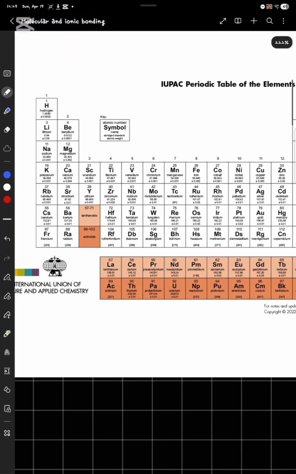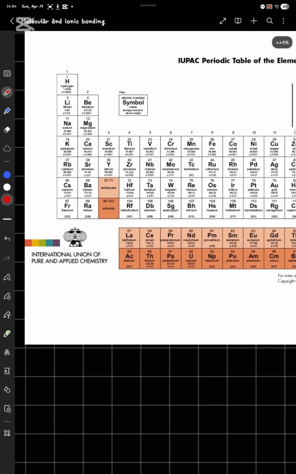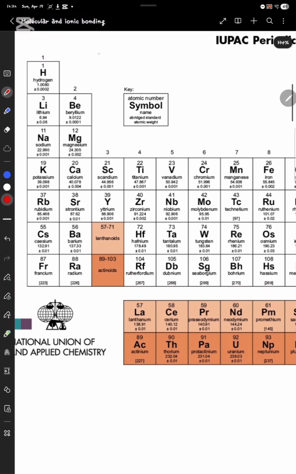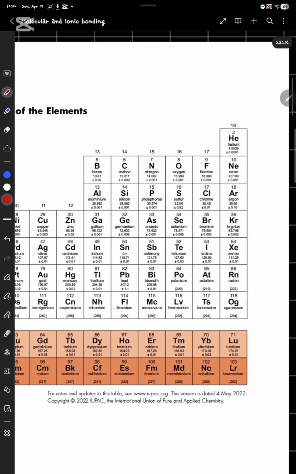Now, we'll just learn how to differentiate between a metal and a nonmetal in your periodic table. So first thing I want to dive in is to just split these into nonmetal and metal categories. Draw a line to separate after group 2 and after group 13.